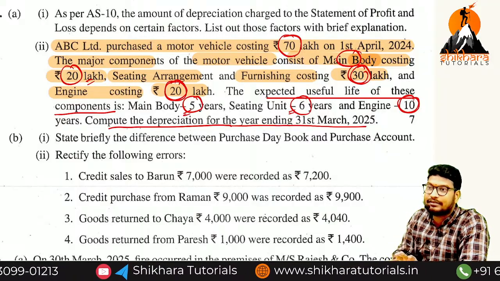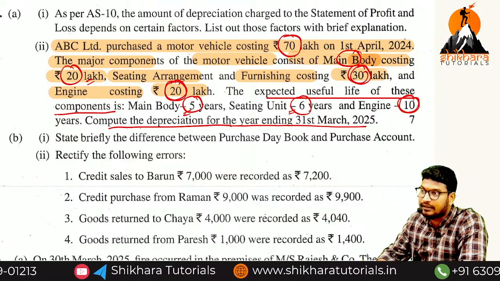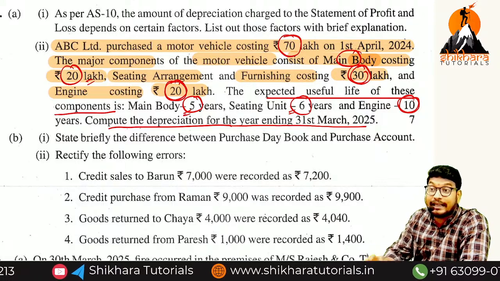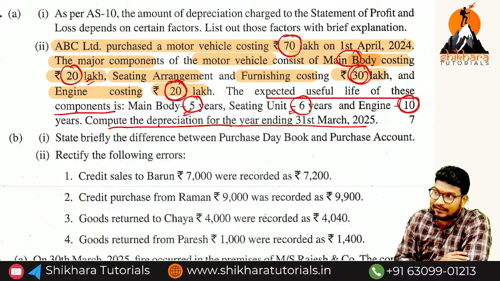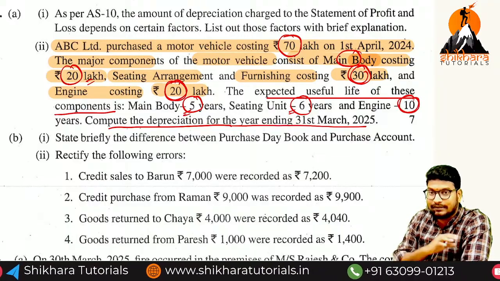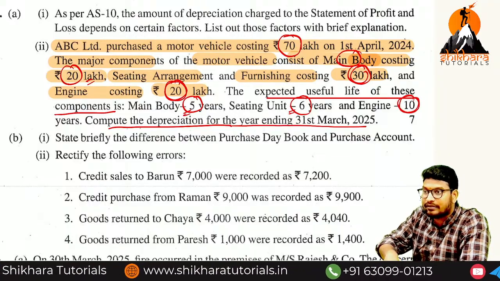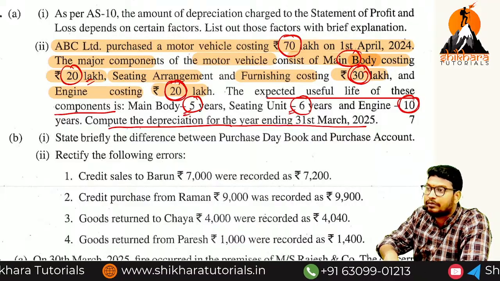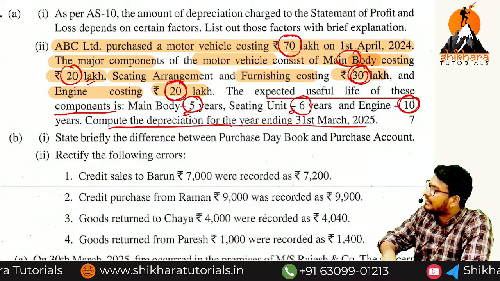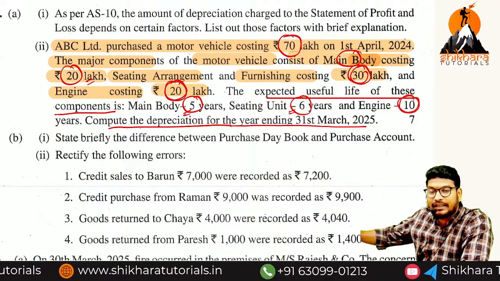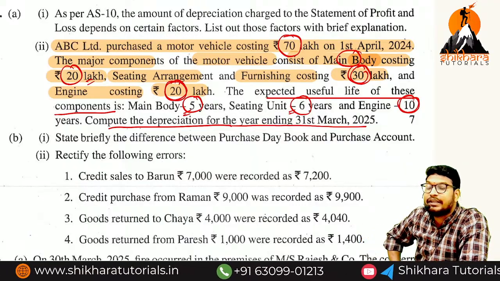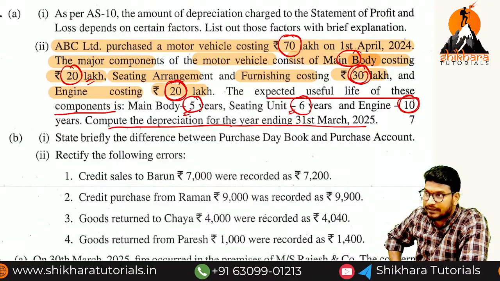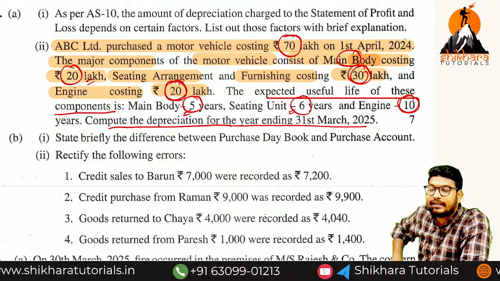Directly they will start with insurance claims and hire purchases. How can you understand? Even though you completed rectification of errors, you don't remember anything. Without explaining this chapter, how can you understand?